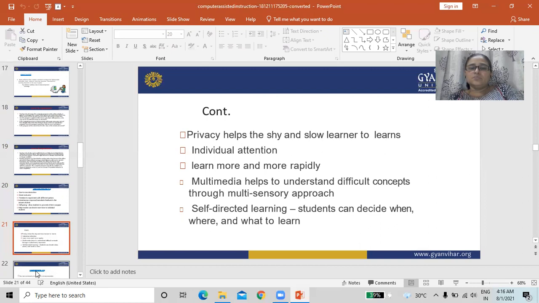So multimedia helps us understand difficult concepts. Sensory approaches. Self-directed learning: students can decide when, where, and what to learn.